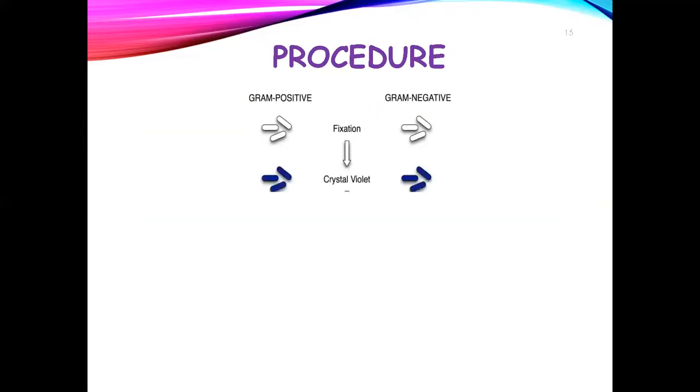So when you observe it under the microscope, after the first step, the bacteria will appear violet in color. Then after iodine treatment, they will show purple color. After decolorization, the gram positive will retain their color and gram negative will appear decolorized.